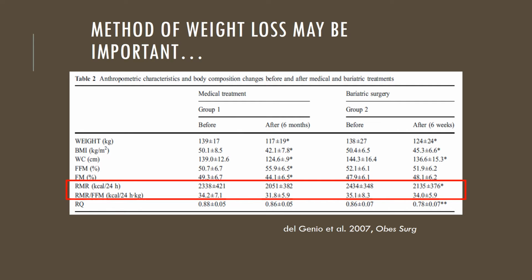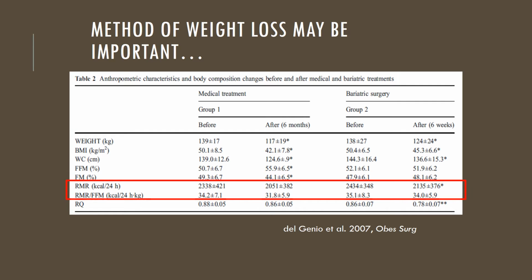So the metabolic rate in the group with the medical treatment was 2,338 calories before the treatment and 2,051 after. So their metabolic rate dropped, but it was not statistically significant.